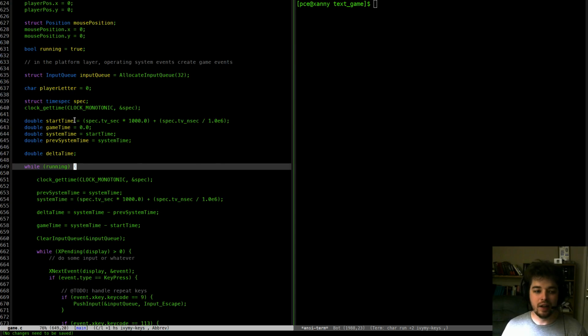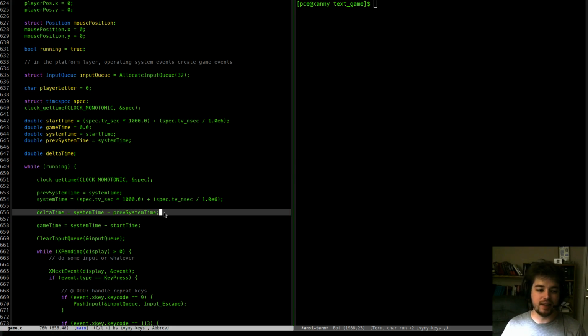And here, a frame is everything between our while loop, right? Because what's happening is we clear the screen, draw some stuff on it, clear the screen, draw some stuff. And each time we clear and then draw is one frame. So our delta time is the amount of time since the last frame, and again, that's going to be in milliseconds, so if delta time was 16, that means it's been 16 milliseconds.